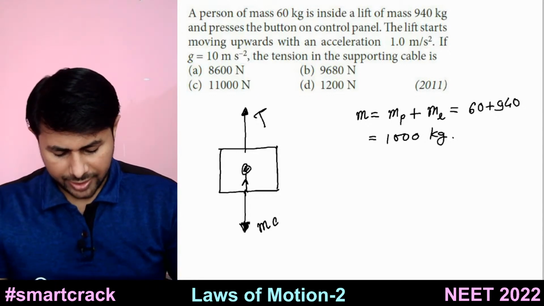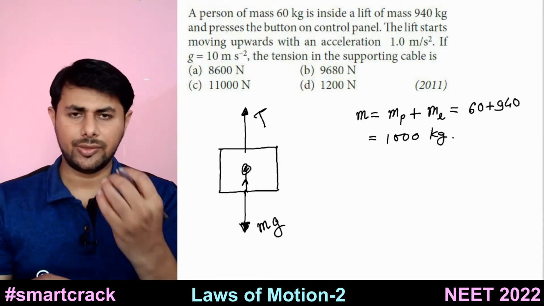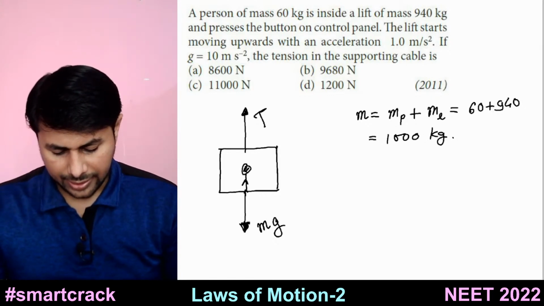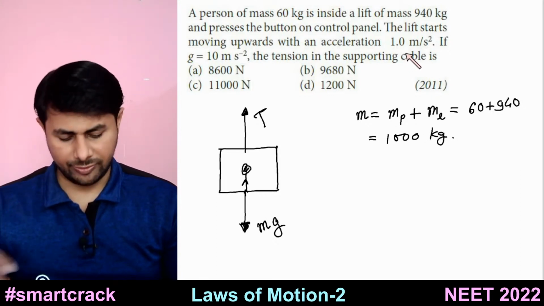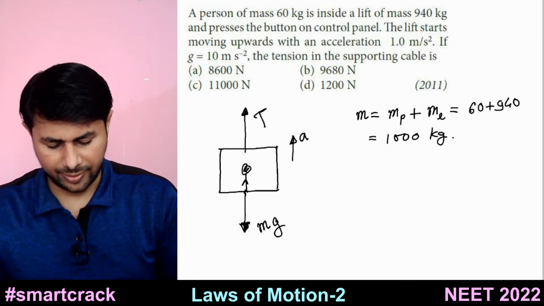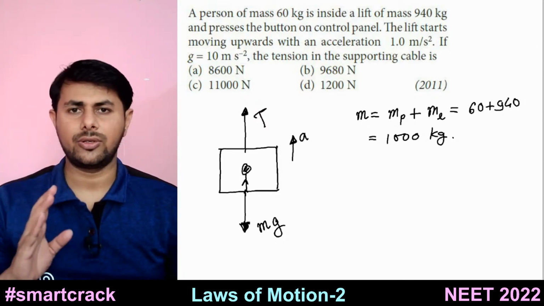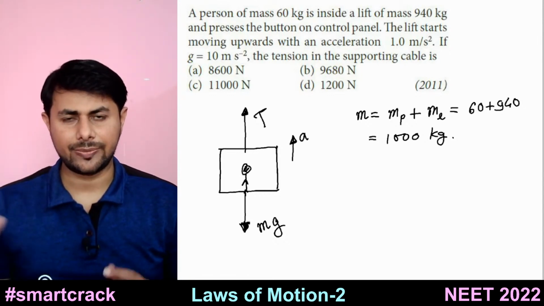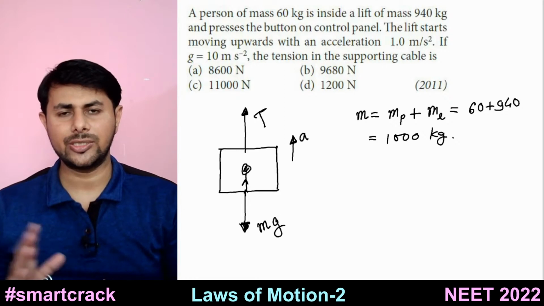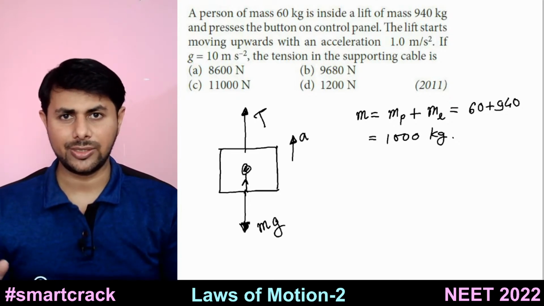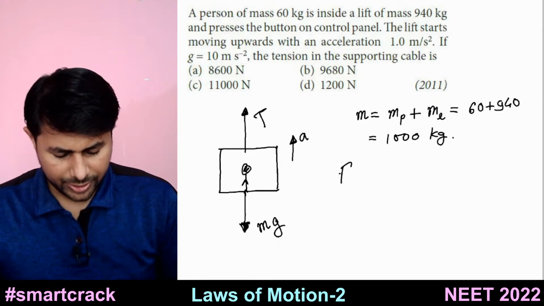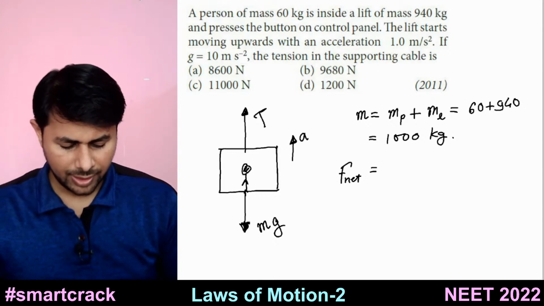So total weight is M times g, which is acting downwards, and it's given that the lift is moving upwards with acceleration 1 meter per second squared. Let's suppose the acceleration is a. Acceleration is upwards, that means the upward force is greater than the downward force, so the net force must be upwards.